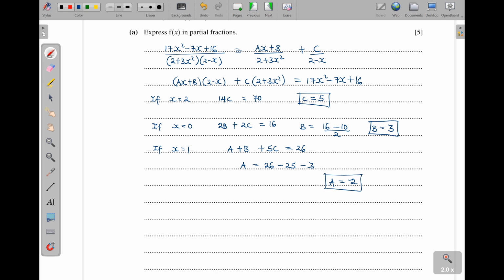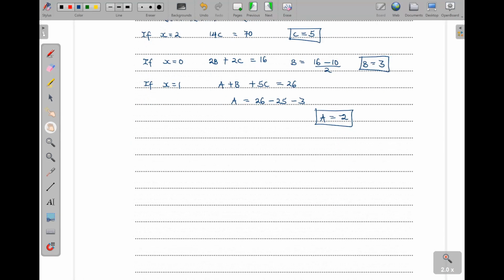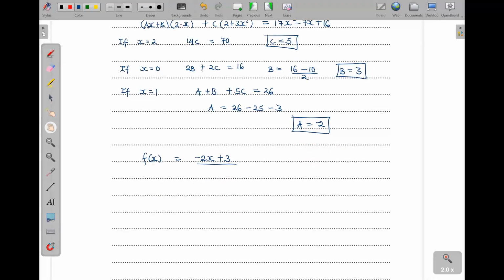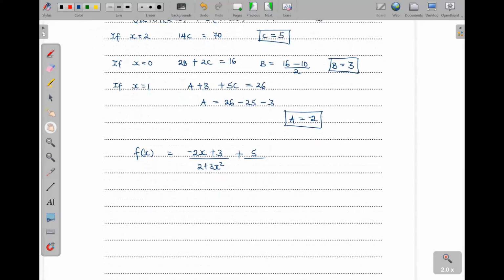Okay, then I can conclude, and I say that my f of x is going to be equal to, remember it is ax plus b, so negative 2x plus the b, then divide by, we had the quadratic down, 2 plus 3x squared, and then plus the c, which is 5 over, we have the linear factor, which is 2 minus x.